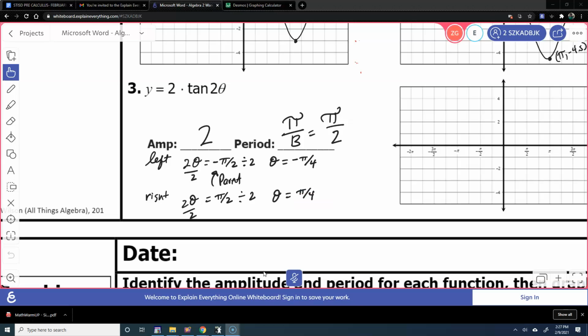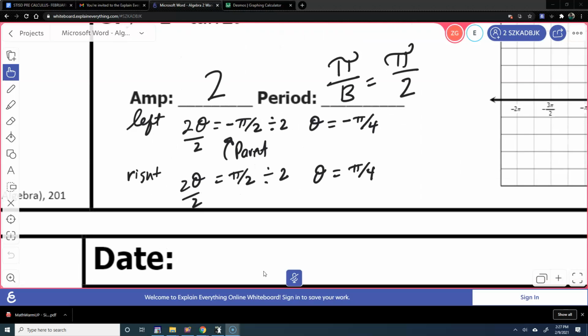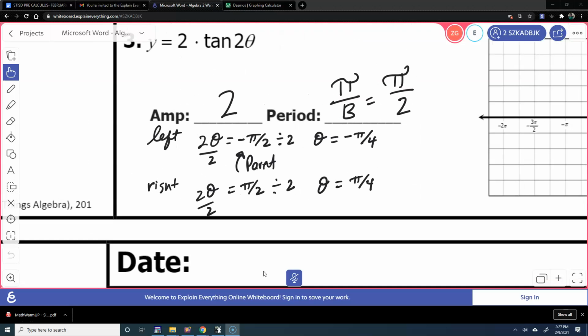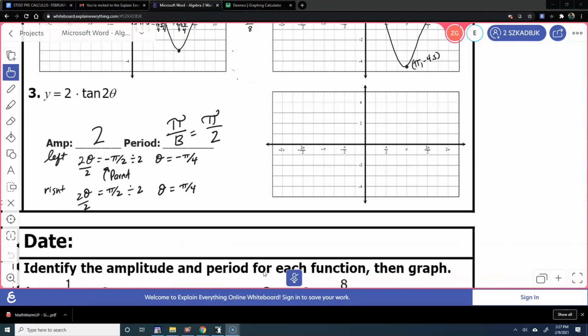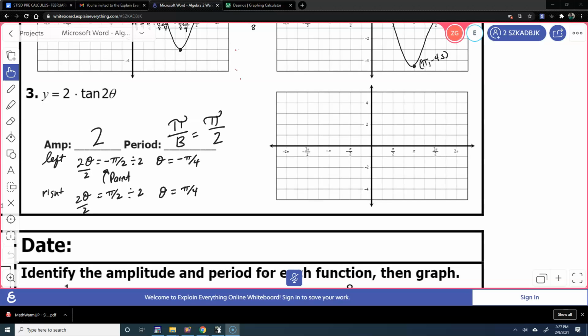Okay, and I'm going to make this larger so you can see it. So the amplitude is going to be very negligible. It's 2. We know that the period will be pi over 2. And we know that the left asymptote is going to be at negative pi over 4, as I just explained to you. And the right one is going to be pi over 4. So pi over 4 is in between 0 and pi over 2.